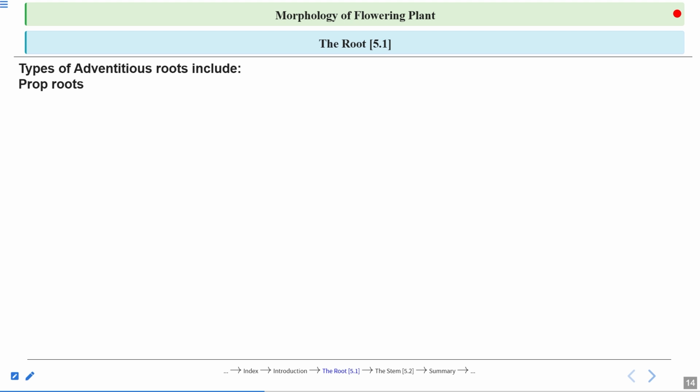Yes, the creepers want to creep on the land, and they also sometimes give rise to adventitious roots. If you see the creepers, their leaves are specially modified. You can't see the stem.